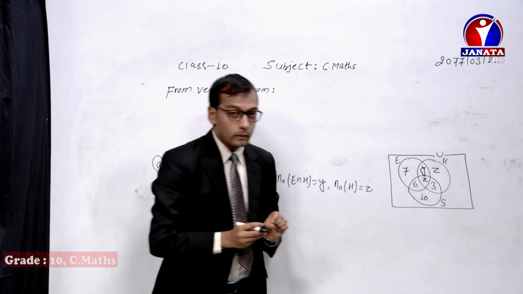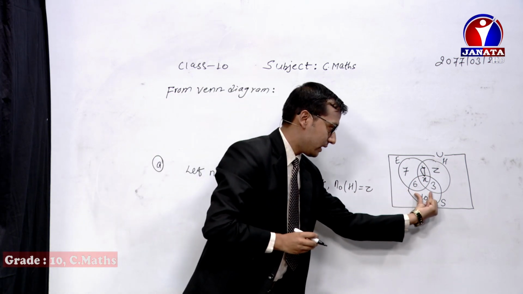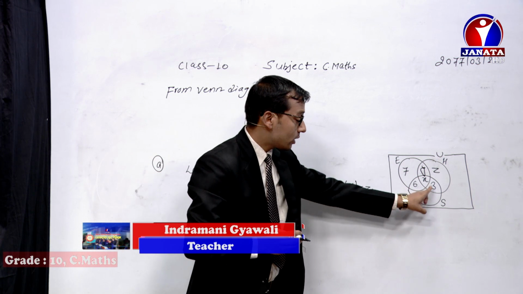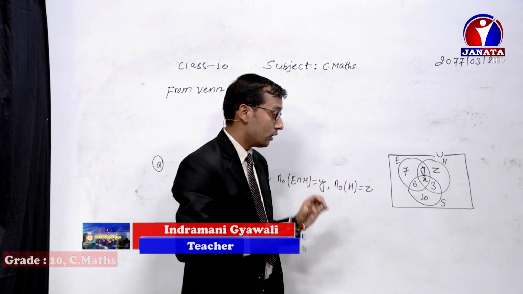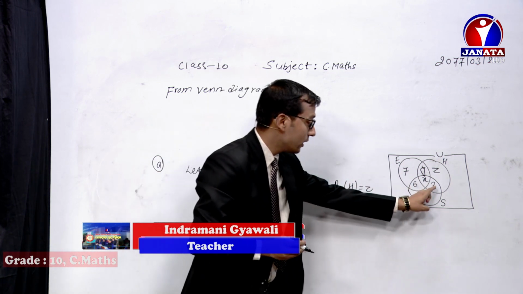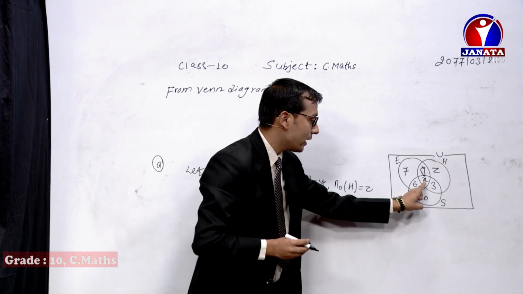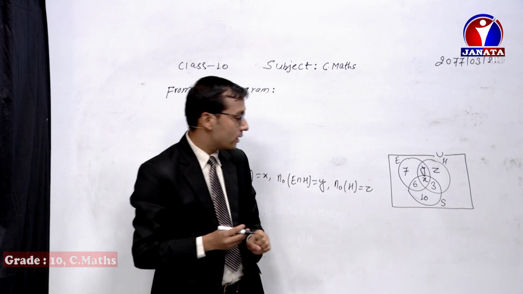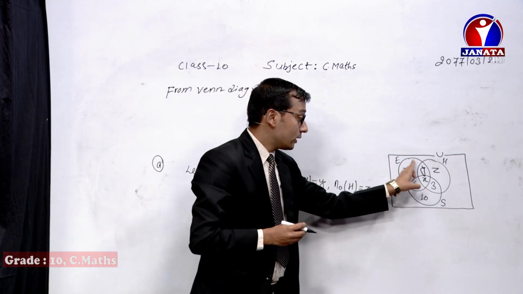If we look at the circle of S, there are 4 different regions. The numbers we have already inserted are 3, 10 and 6, but X is unknown in set S. Similarly, if we look at E, there are 4 regions.